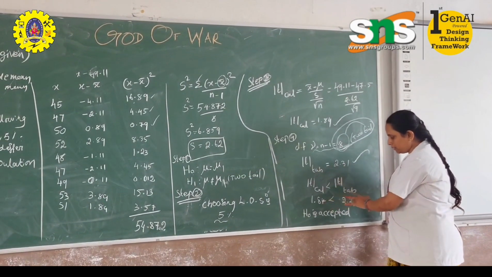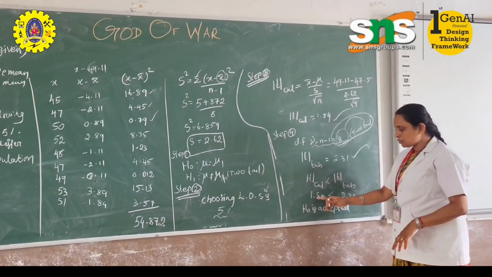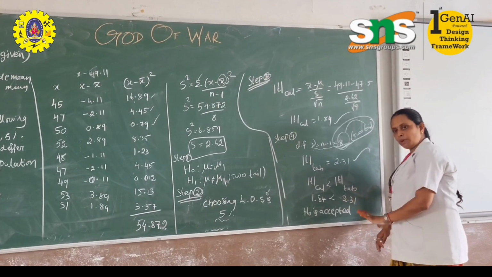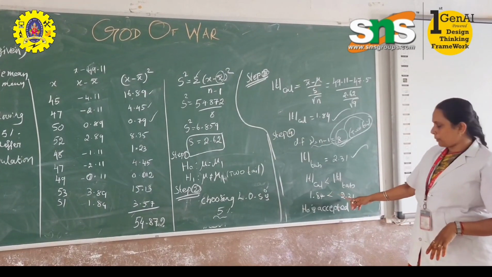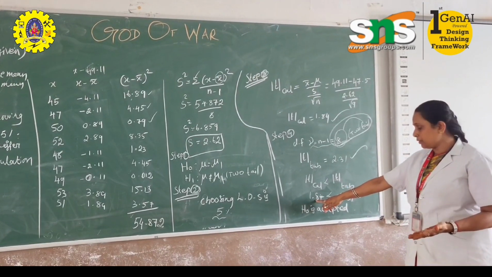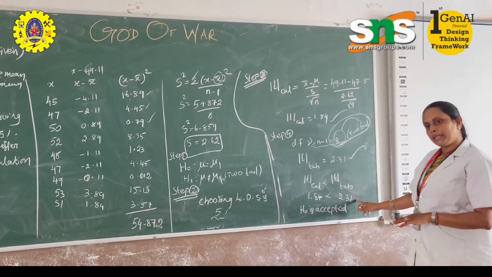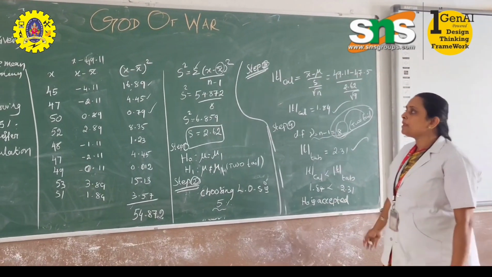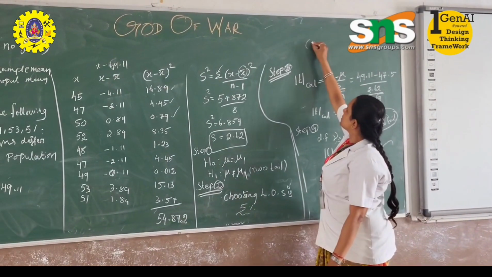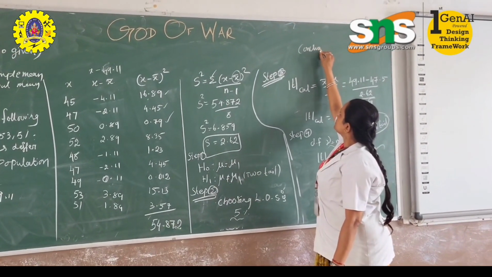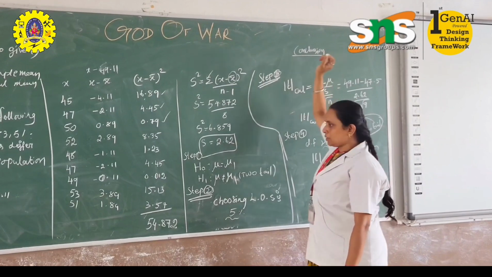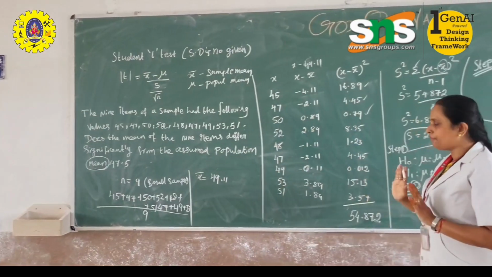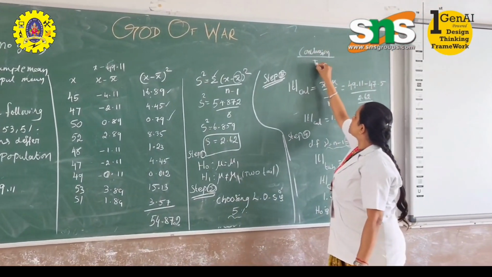Here the calculated value is less than the table value, so H0 is accepted in this problem. Our conclusion: there is no significant difference, and the population mean value is 47.5. Okay, thank you.